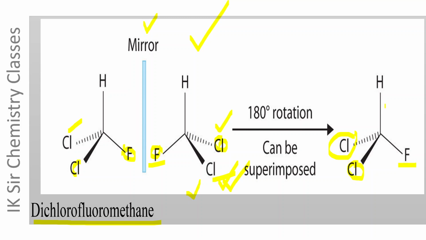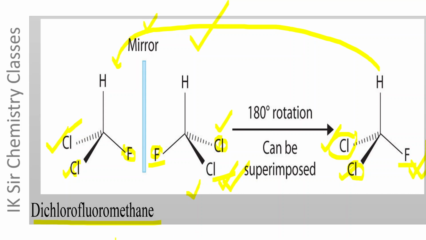And let us now try to superimpose this mirror image on the original molecule. It is superimposable. The chlorine atom superimposes on this chlorine atom. This Cl atom is eclipsed on this position, Cl atom, and F is superimposed on this F atom.